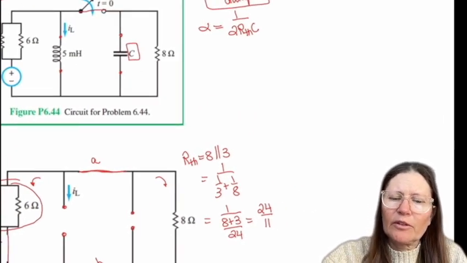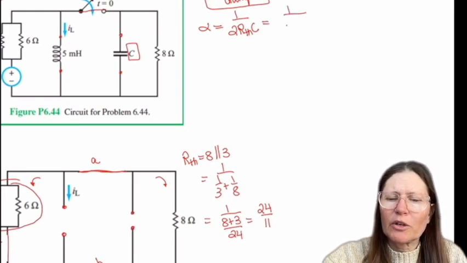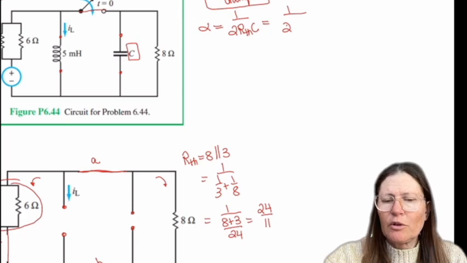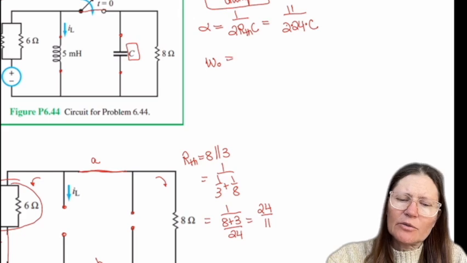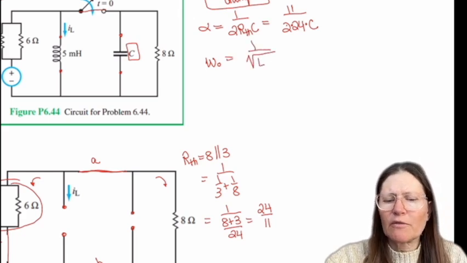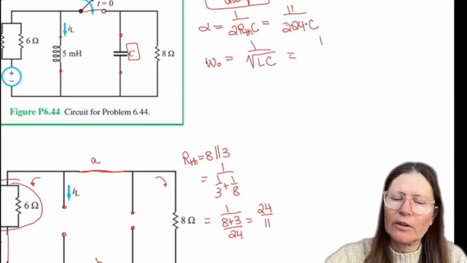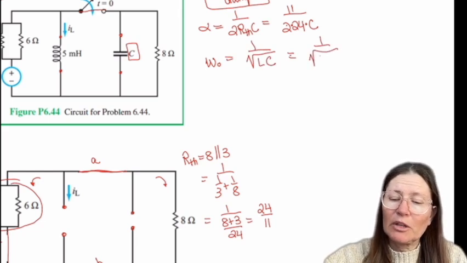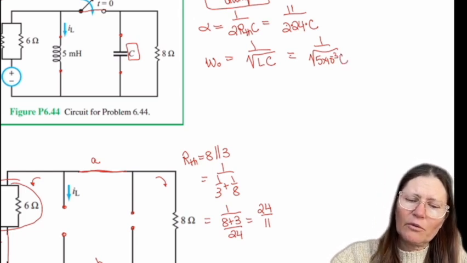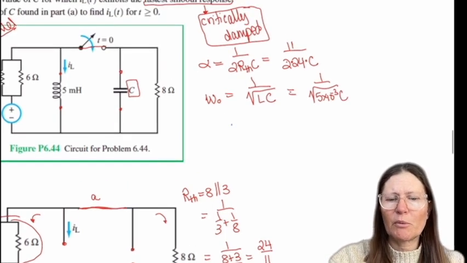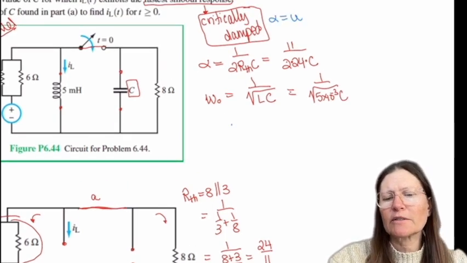And so this gives me alpha is 1 over 2, and then 24 over 11 can be flipped, and then C. And then omega naught is 1 over the square root of LC. And so L is 5 milli, so 10 to the minus 3, C, and we can equate these two for critically damped. So remember that critically damped is when alpha is equal to omega naught.